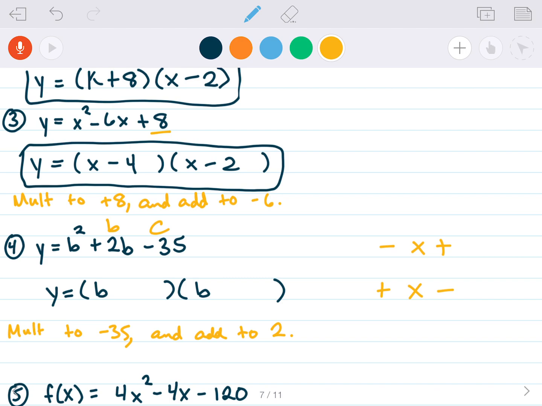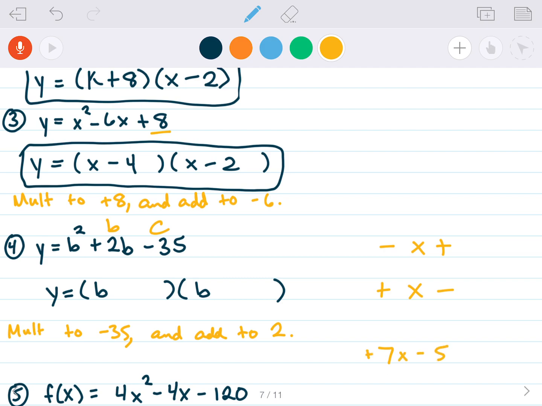And so what two numbers can we get that multiply to 35 and give us 2? It's 7 and 5, right? 7 minus 5 is 2. So we have a positive 7 and a negative 5.